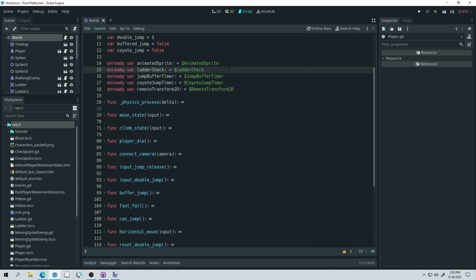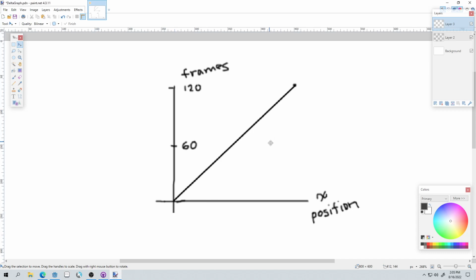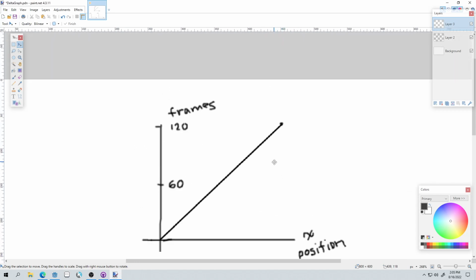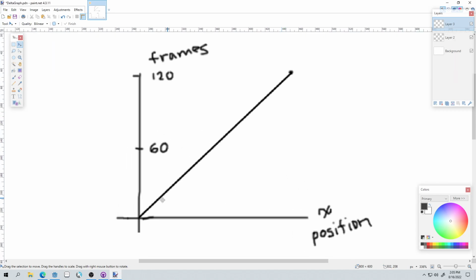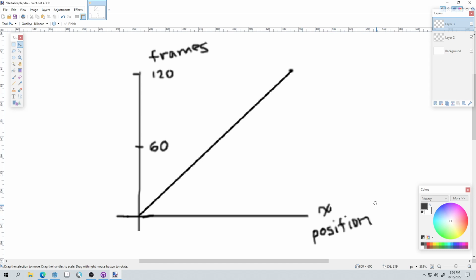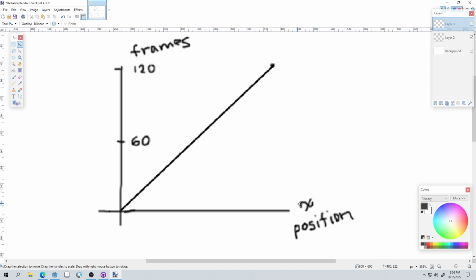So let's talk about the problem that delta time solves. Okay, so I've got a graph here that I've made in paint.net. On the y-axis, we have frames. You can see we go from 60 frames to 120 frames. And on the x-axis, we have our x position. So we're clearly moving our character along the x-axis by some amount to get them to this destination.